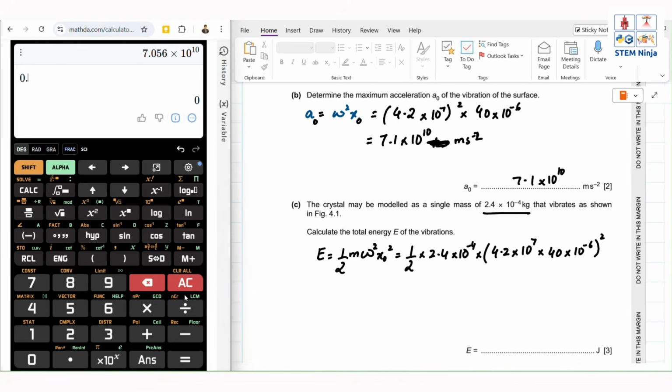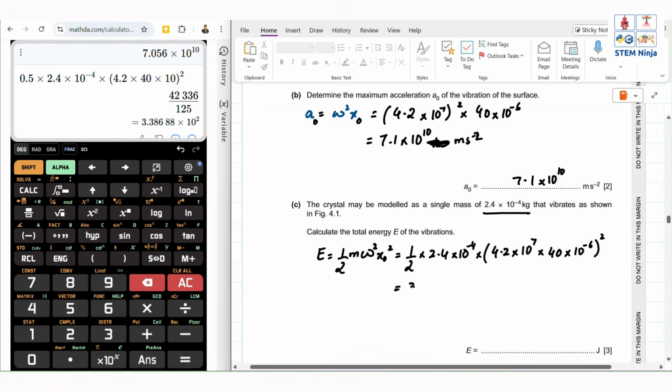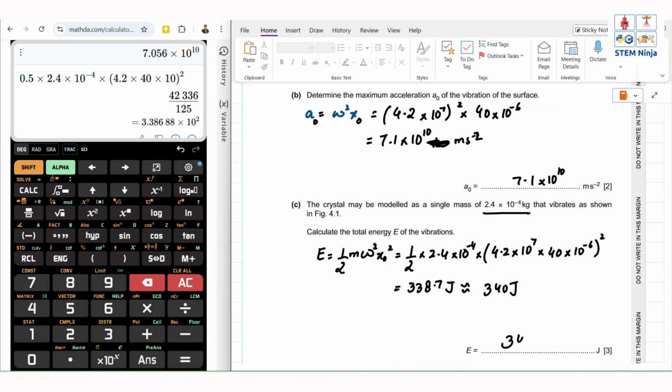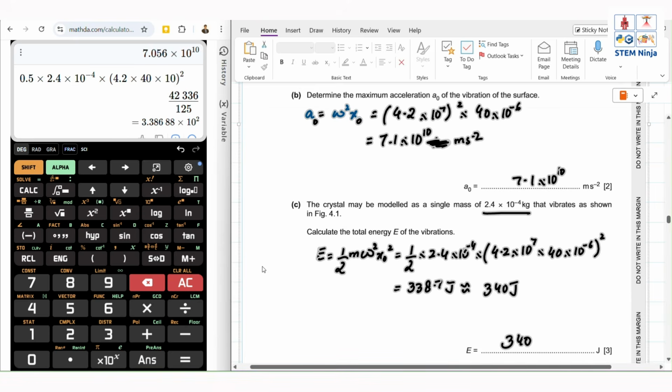So 0.5 times 2.4 × 10^-4 times 4.2 times 40 times 10, because 7 minus 6 is just 1, and this is 338.7, so roughly 340 joules. Right. Okay. Moving on.